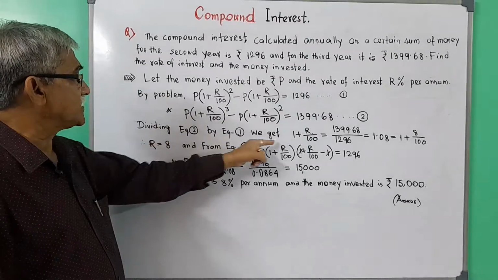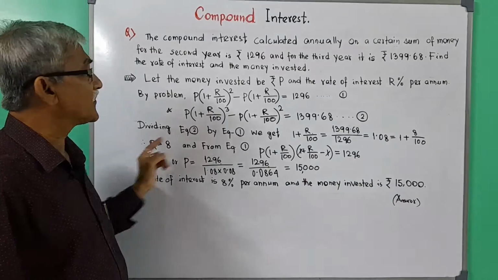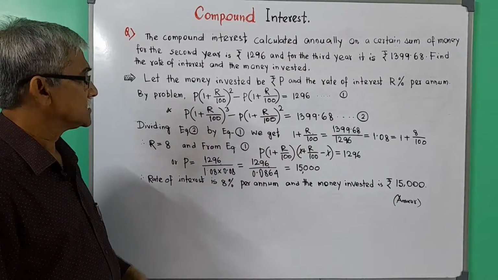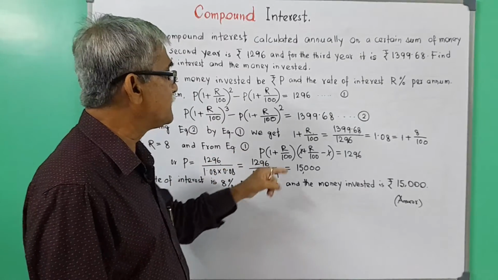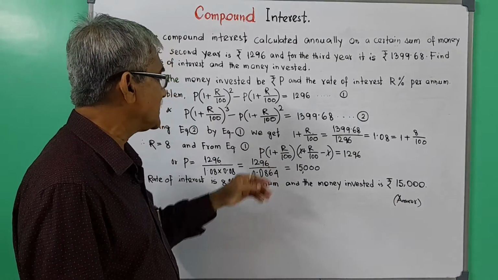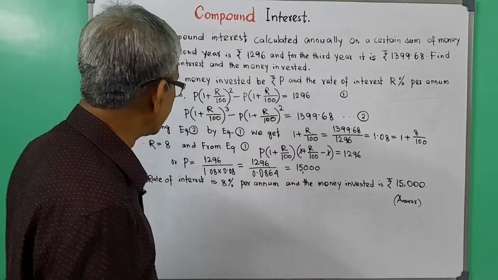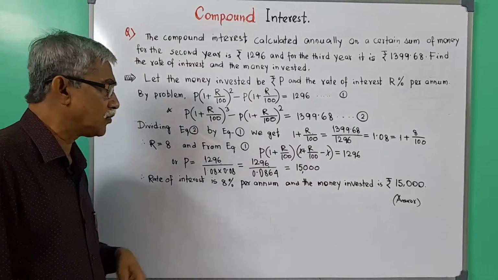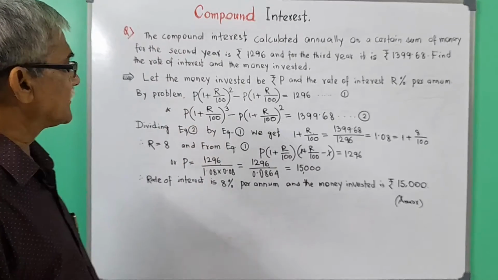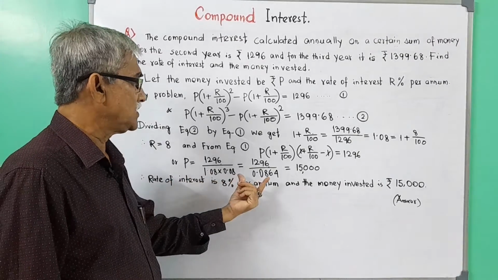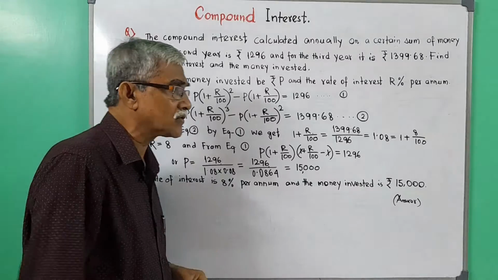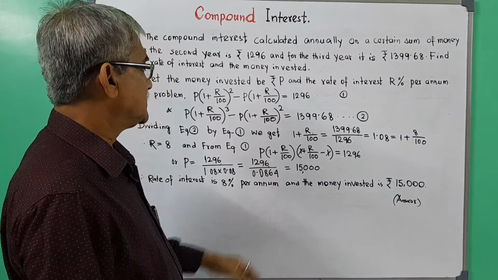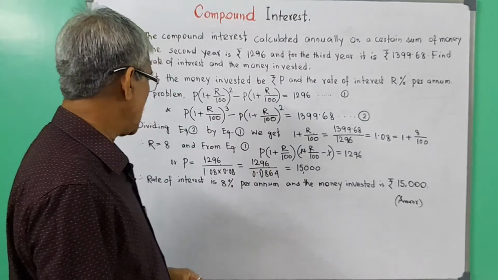By comparison, or by simple calculation, you can see that R equals 8. That is, the rate percent is 8%. And from equation 1, if you put the value of R, you get P equals 1296 by 1.08 into 0.08. That is 1296 by 0.0864, and if you calculate it, it becomes 15,000.